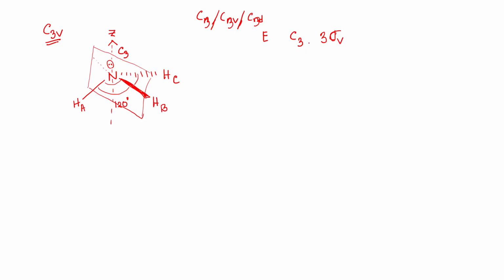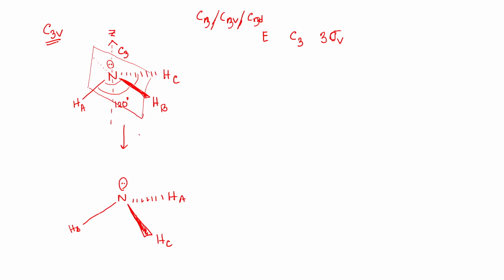And what do you think about C3? You rotate it once by 120 degrees. Suppose let me draw it here. When you do that, this out-of-plane H becomes HA, this becomes HC, and this becomes HB, right?